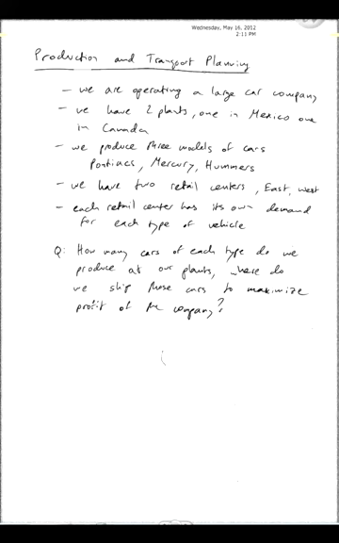So in particular, we have to account for the fact that we have these two different plants, the fact that these plants produce these three types of models, and the fact that we have these different retail centers, east and west. So let's just begin here by saying that we have these two different plants. So one in Mexico and one in Canada. So we're going to create a Mexico node and a Canada node that correspond to these two plants.